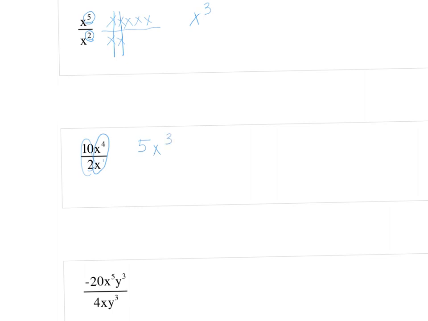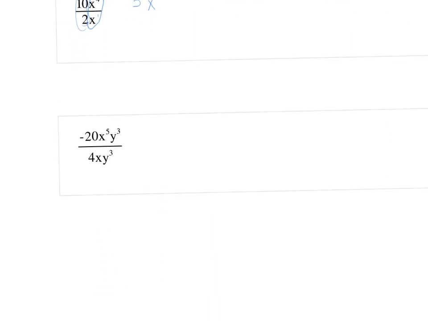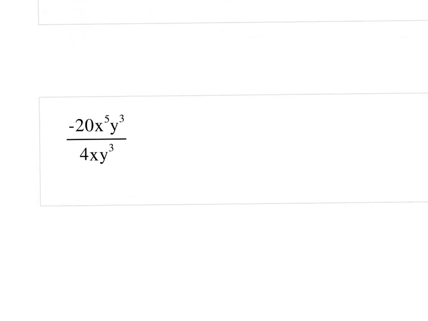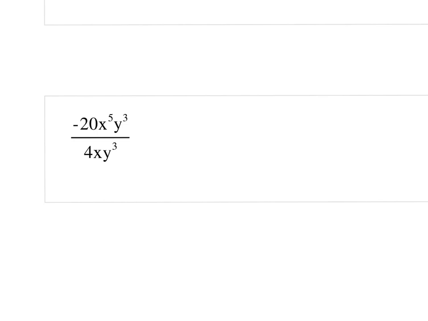And we can expand this property and look at when we have this one. We have a coefficient, we have x variables, and we have y variables. So we just take it one piece at a time. So divide here, that's going to give me a -5.